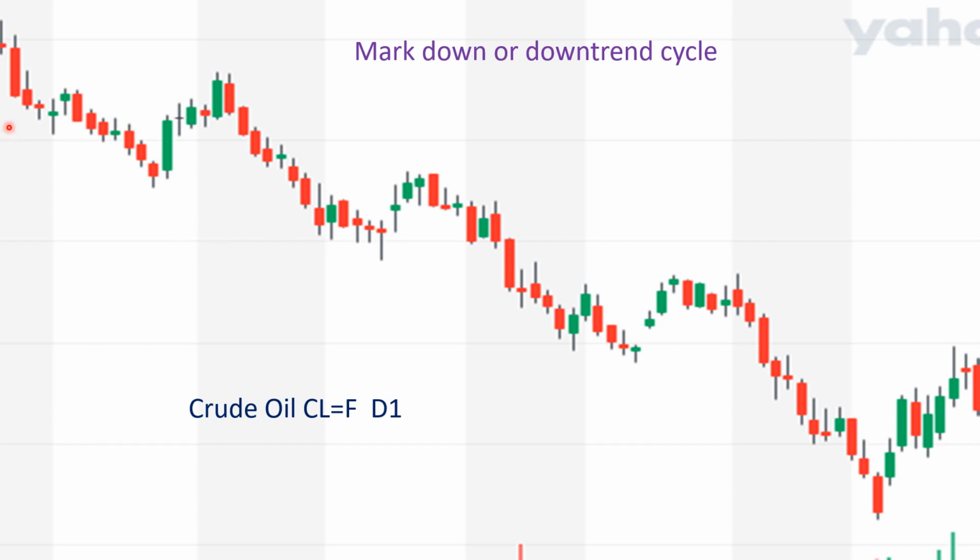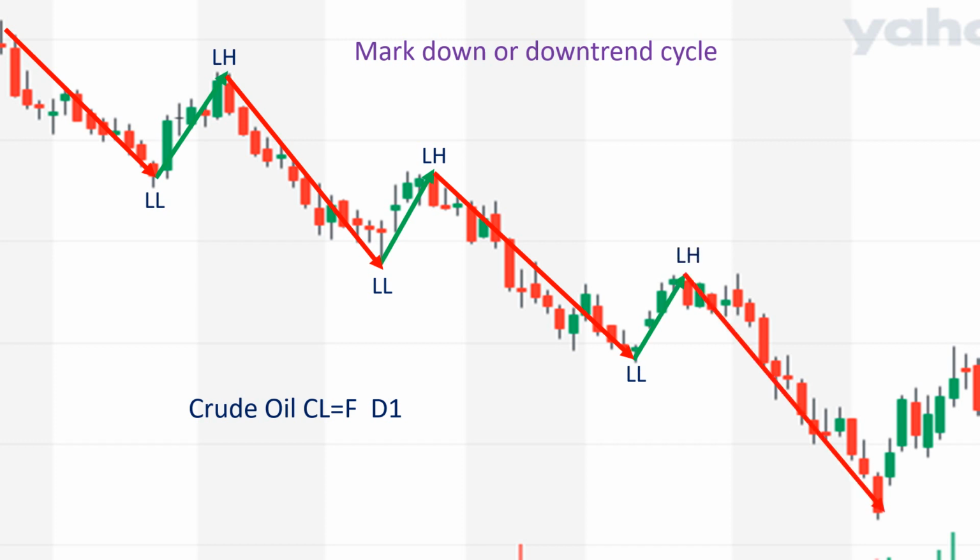As the trend continues going downward, we see a series of lower swing lows and lower swing highs, and this continues all the way to the bottom of the downtrend. This is the characteristic of a strong downtrend.